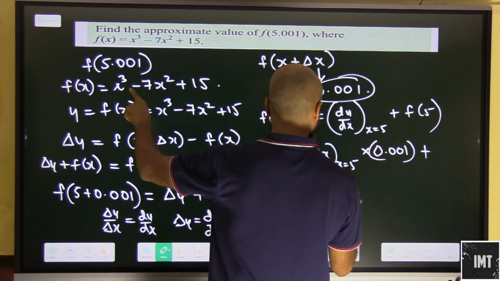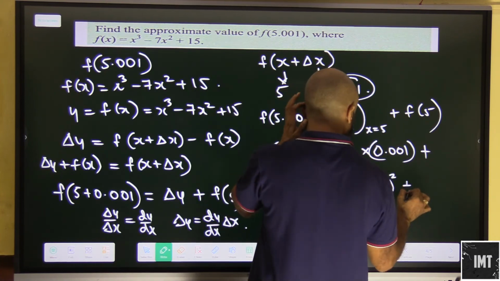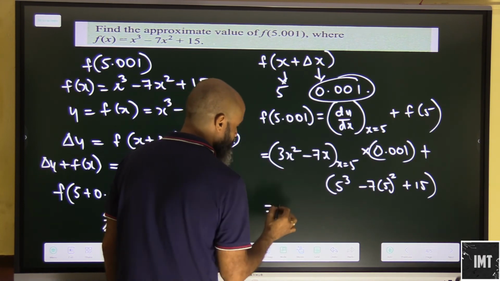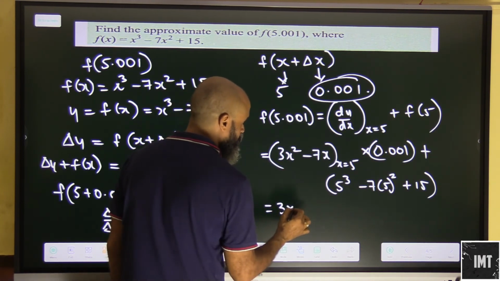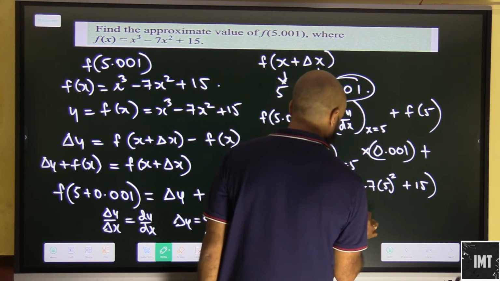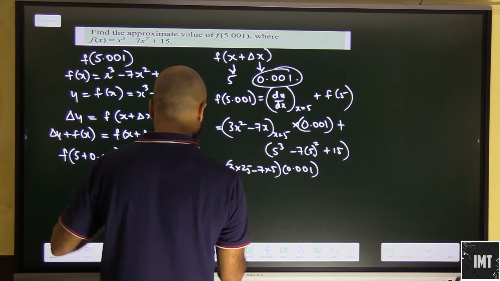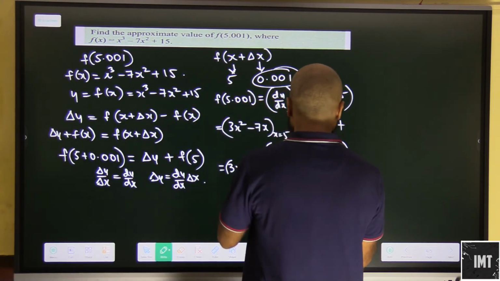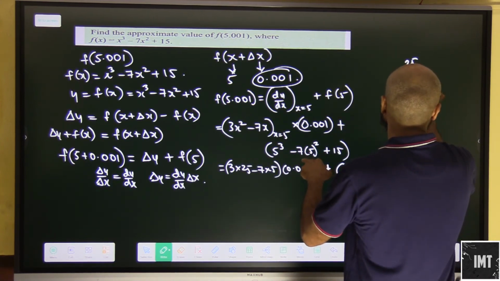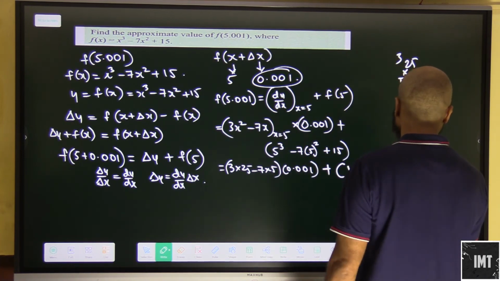F of 5, that means 5 cube minus 7 into 5 square plus 15. Okay, so that will be how much? 3x square, that is 3 into 25 minus 7 into 5, 3 into 25 is 75, into 0.001, plus 125 minus 25 into 7, which is 175, plus 15.